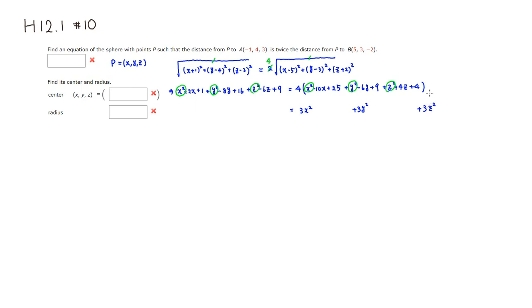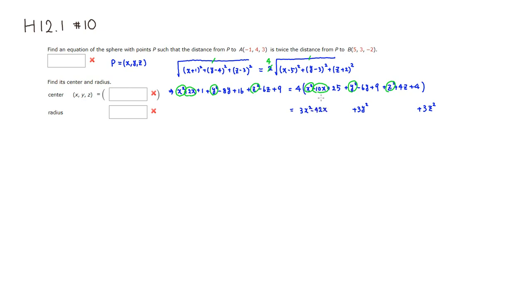Then we're going to collect the x terms. There's going to be 2x here, and then you're going to have 4 times -10, which is negative 40x. So it's going to be negative 42x.